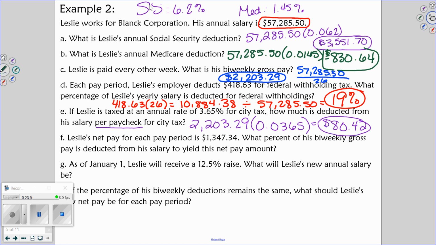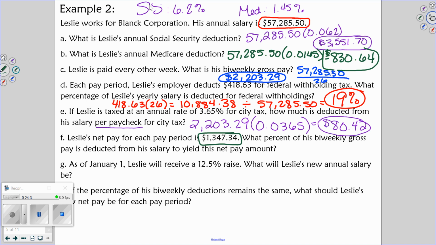Okay. Part F. Leslie's net pay for each pay period, $1,347.34. What percent of his biweekly gross pay is deducted from his salary to yield this net pay amount? All right, so each pay period, this is how much he brings home. So what percent of his biweekly gross pay is deducted?